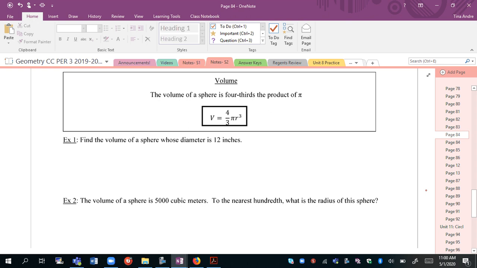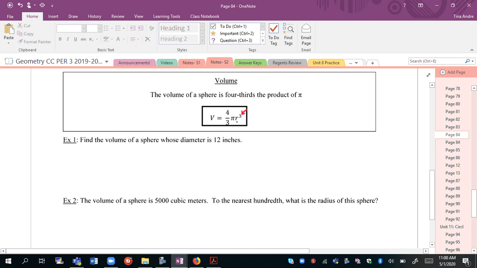The big thing here is to notice that it's to the third power. Naturally, our brains think pi r squared because we're used to seeing the area of a circle as pi r squared. But keep in mind that it's cubed because we're talking about volume. We have to cube that dimension, the radius.